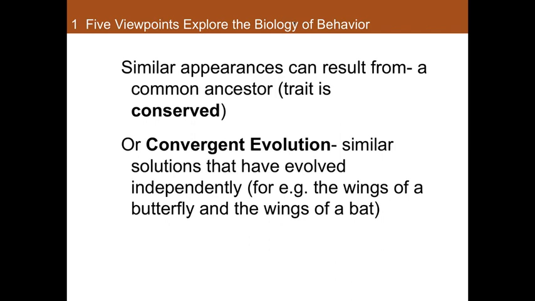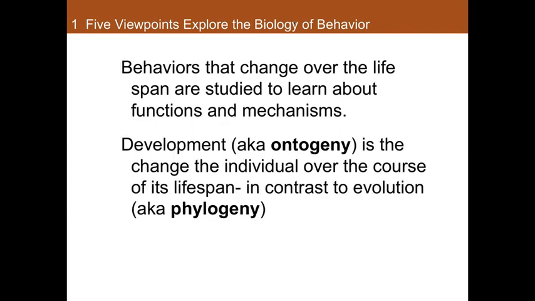Some more vocab here. When a trait is conserved, that means that similar appearances are resulting from them having a common ancestor. And then there's convergent evolution, which is similar solutions evolving independently to deal with a similar problem. For instance, in order to fly, both a bat and butterfly have wings, but they're not very related at all.